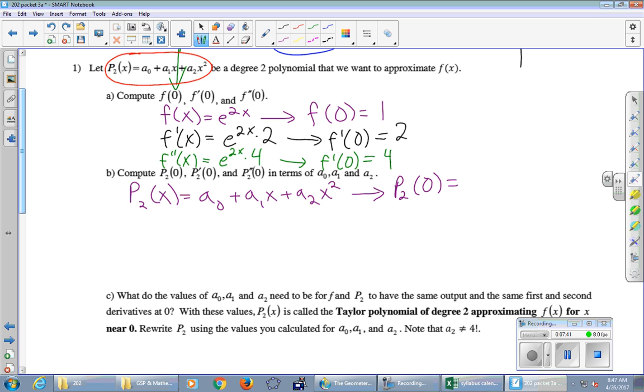And then we're going to calculate P2 of 0, plug 0 in for all the x's. What do you get? A sub 0. Okay, that's kind of nice. And then we're going to do P2 prime. We'll take a derivative of P2.